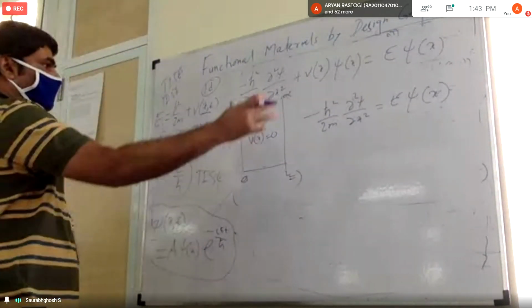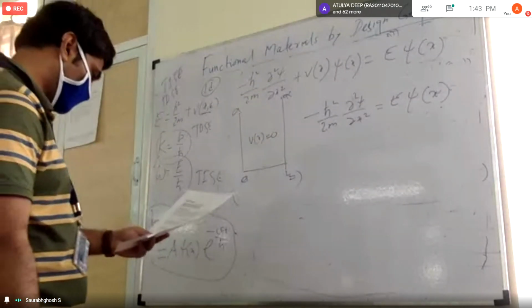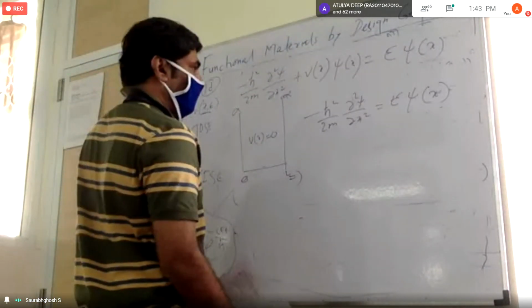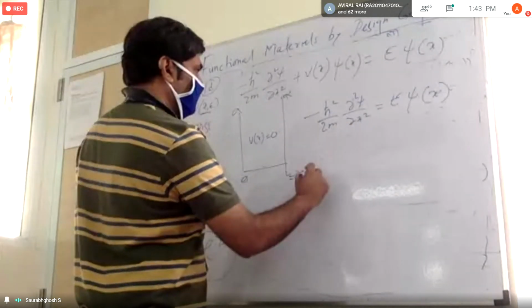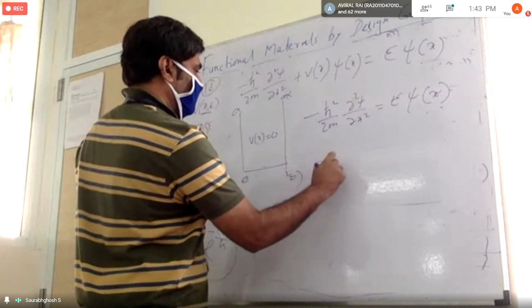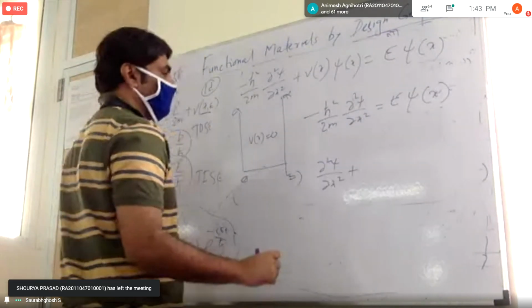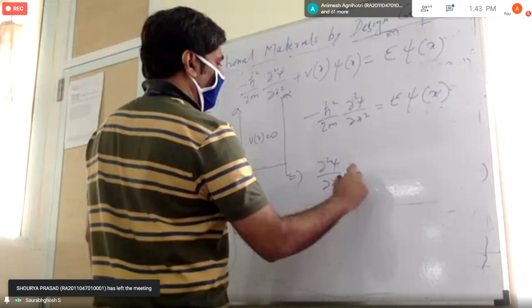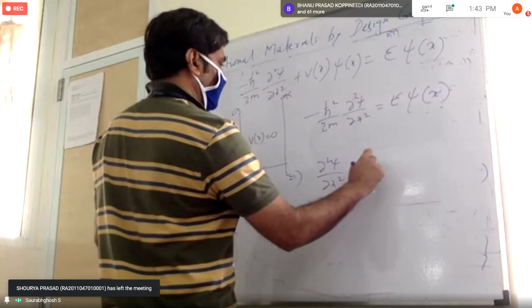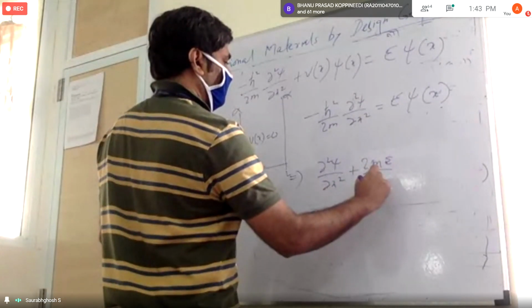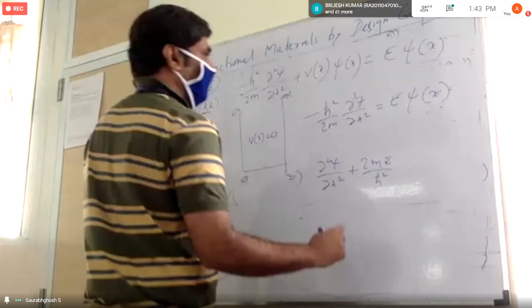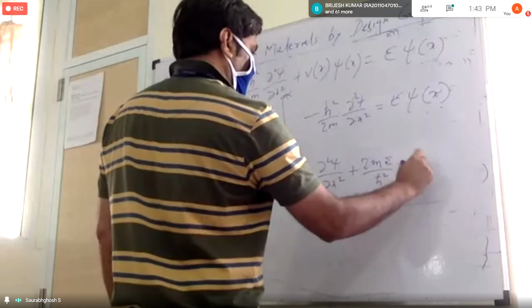So you can write this equation as del square psi by del x square plus 2mE by h square psi of x is equal to 0.